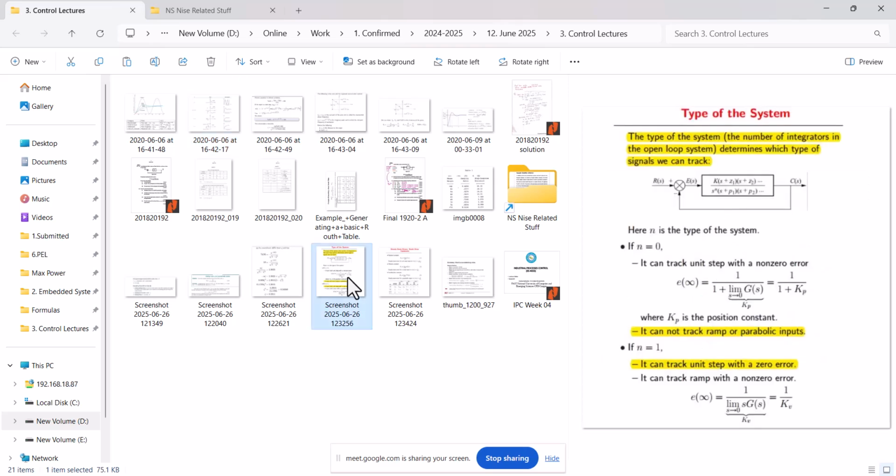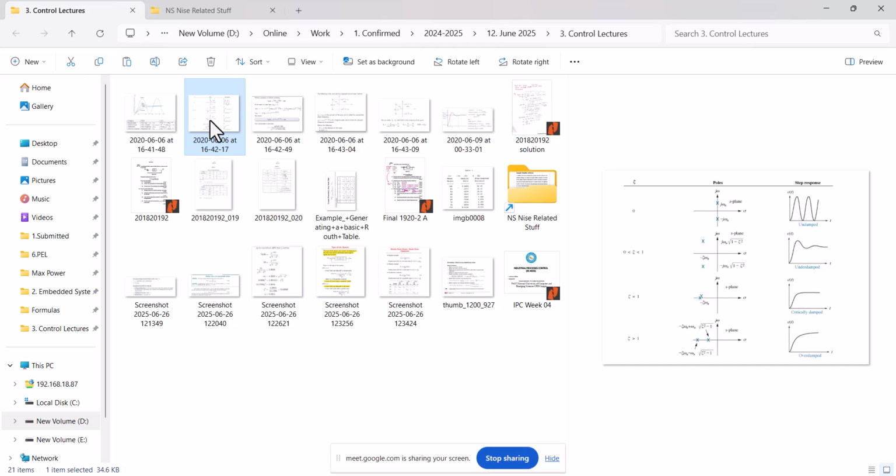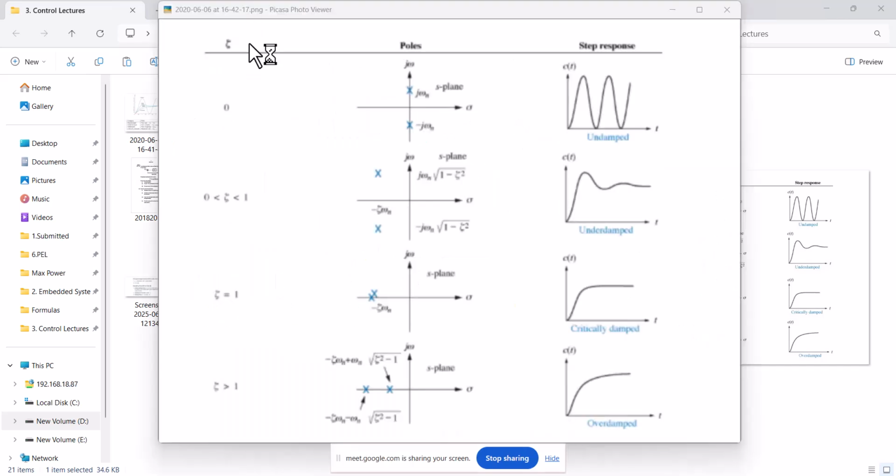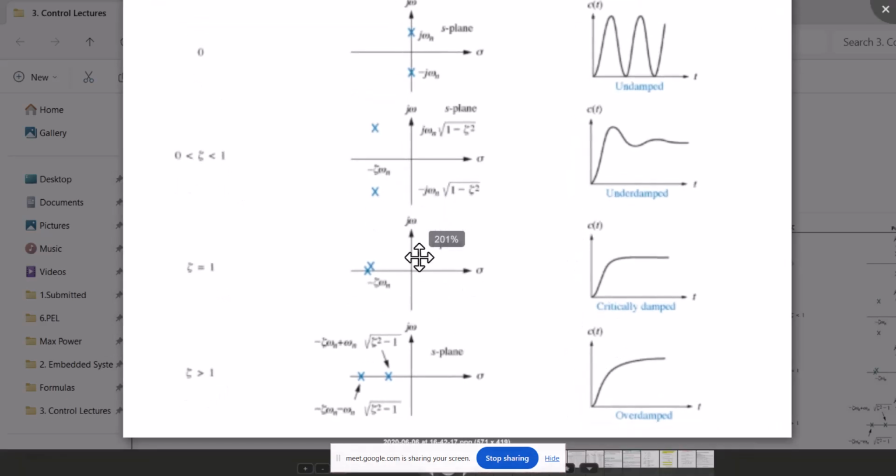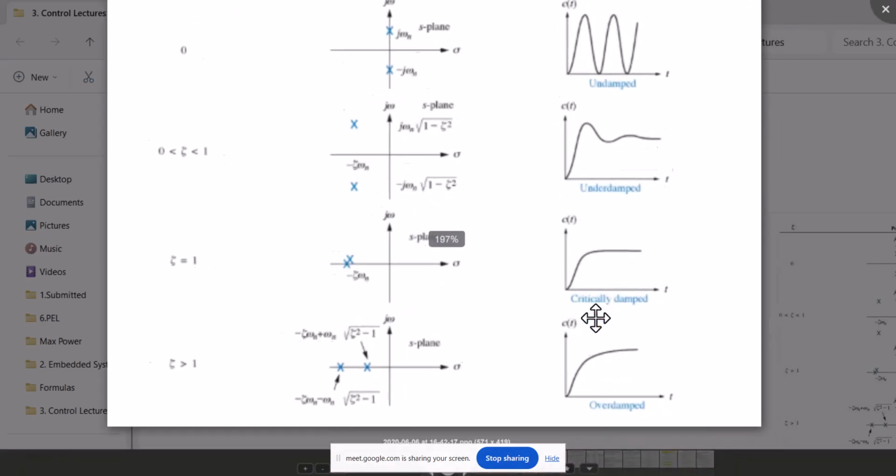I show you here. You can see this is critically damped.